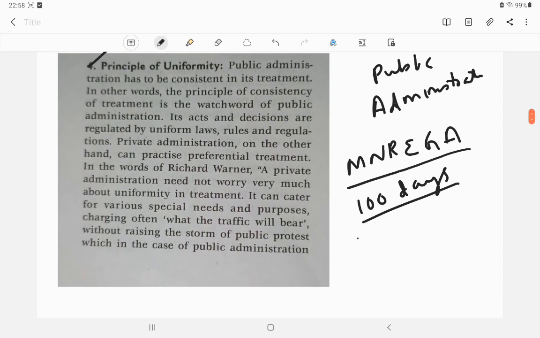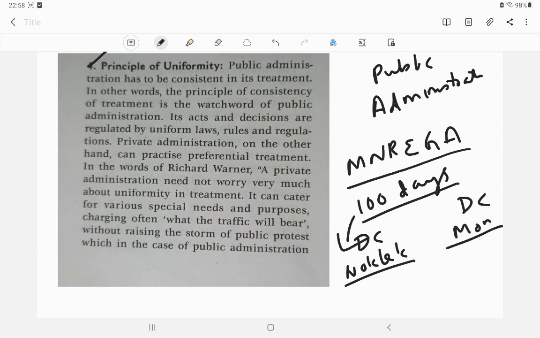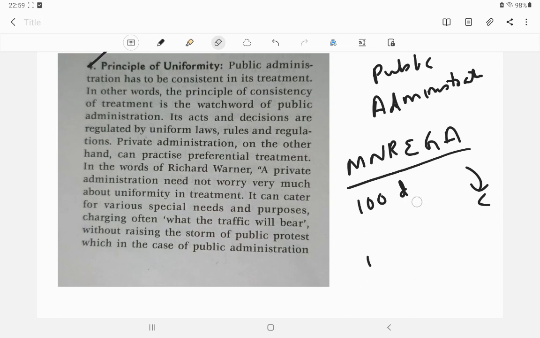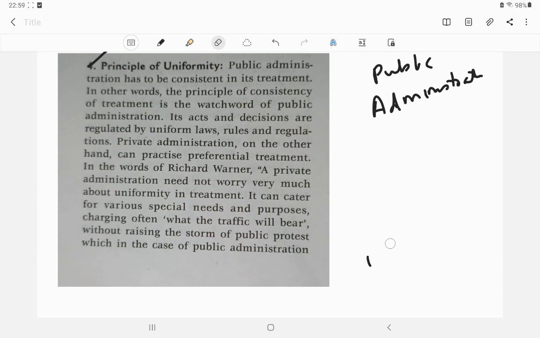For example, a deputy commissioner in Noklak implements MNREGA. The same deputy commissioner in Mon should apply the same scheme all over the district, without making any difference. So this is the principle of uniformity. That is, public administration should be uniform and consistent in its treatment. In other words, the principle of consistency is the watchword of public administration.